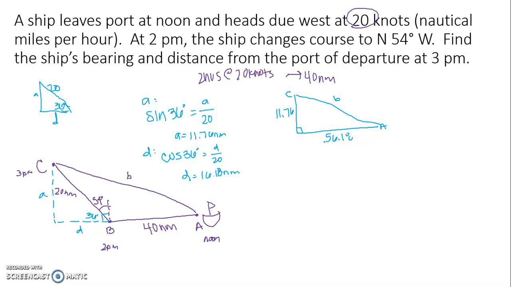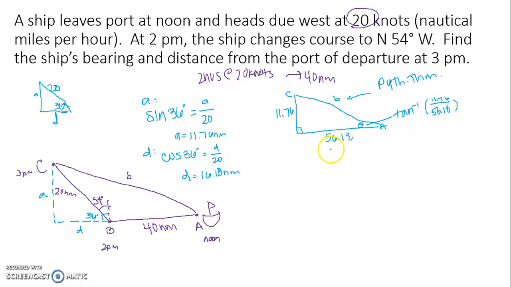So now I have options. I could do Pythagorean theorem to find this piece here, which is totally an option. I could do, I'm going to call that theta, tangent inverse to find that piece.